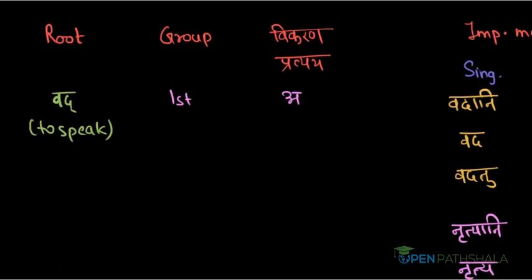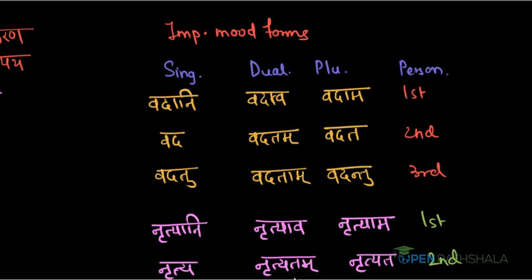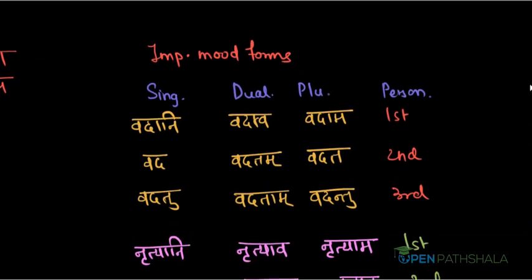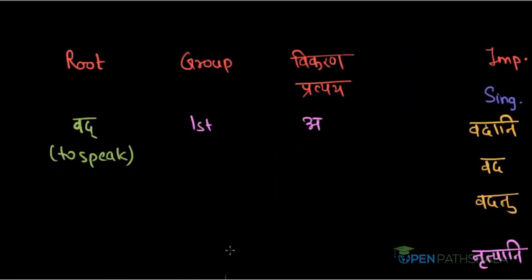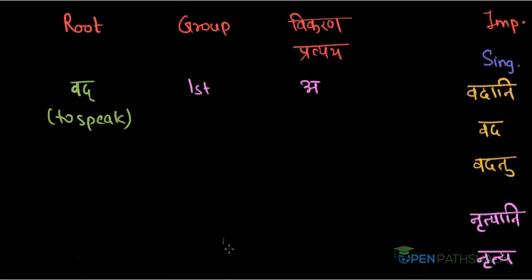So the imperative mood forms of this root will be vadani, vadava, vadama of first person, vada, vadatam, vadata of second person and vadatu, vadatam, vadantu of third person. These forms are the same as the imperative mood forms of patha that we have just derived.